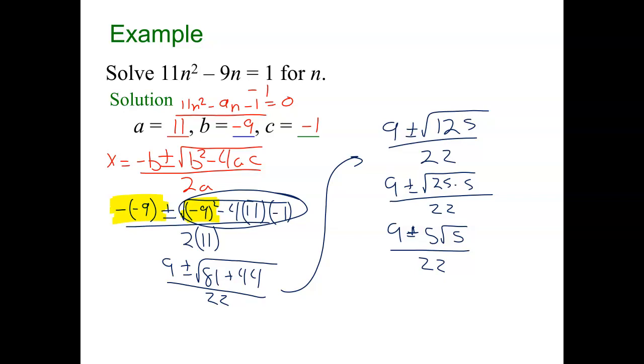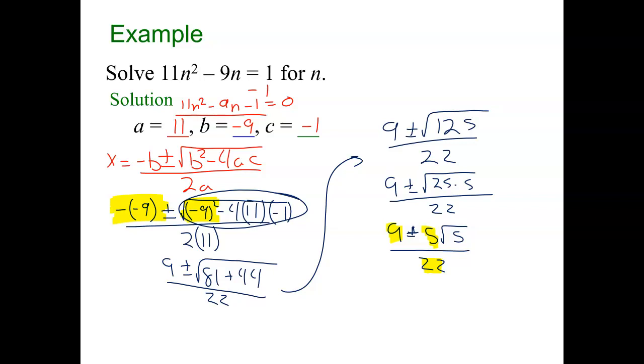The only other thing you have to check for is if all 3 of these numbers have a common factor, then you can divide by that common factor. But it has to be all 3 of those numbers. The coefficient on the radical, the constant being added to the radical, and the denominator.